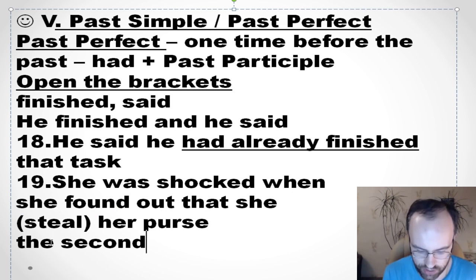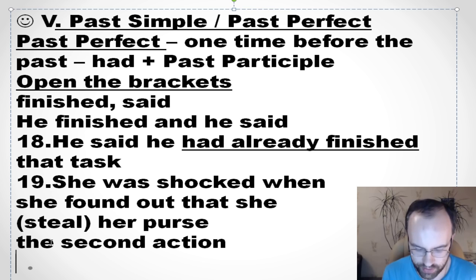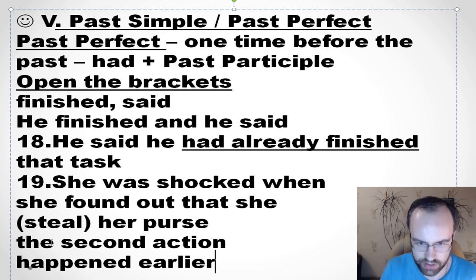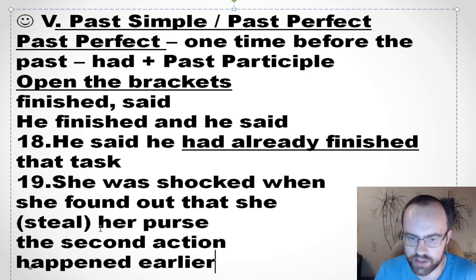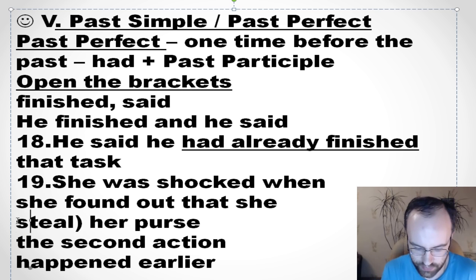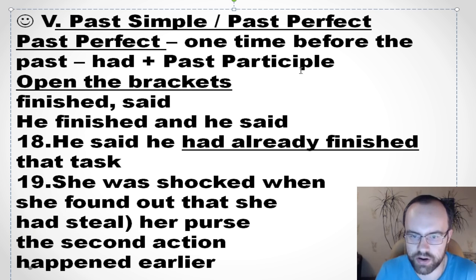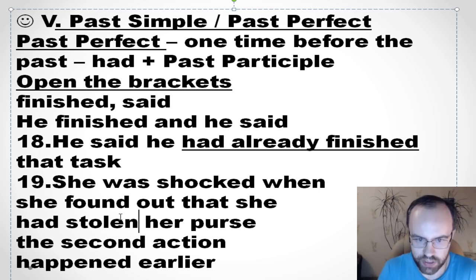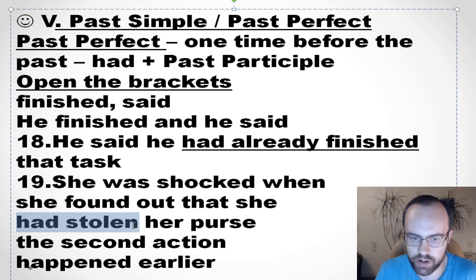It's a very important thing. If the second action happened earlier, you need to use past perfect, and you need to say she had. And what is the past participle? Steal, stole, stolen. So she was shocked when she found out that she had stolen her purse.